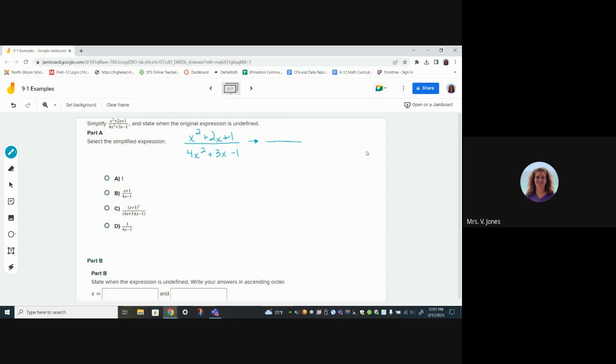the numerator, this one on the top, actually is a special case because we have a perfect square there, perfect square there. And if you multiply their square roots, you get 1x, which is half of the middle. Okay, so it actually is a special case. All right, so the square root of this one is x. The square root of that one is 1.